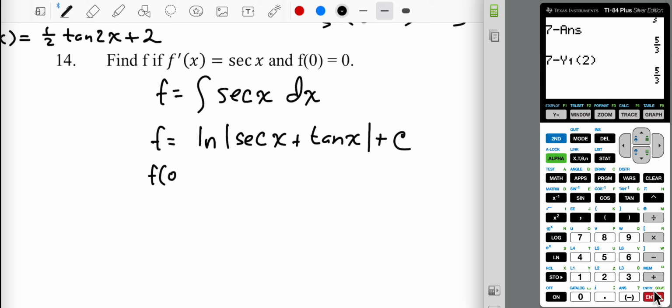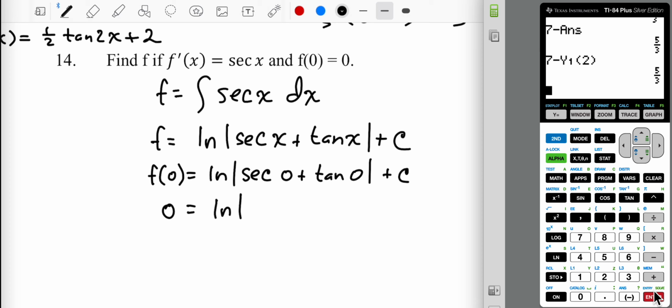F of 0, natural log of the secant of 0 plus the tangent of 0 plus c. F of 0 ought to give us a 0, right? ln of, well, secant of 0, we just did that. That's equal to 1. Tangent of 0, right? Tangent is sine over cosine.